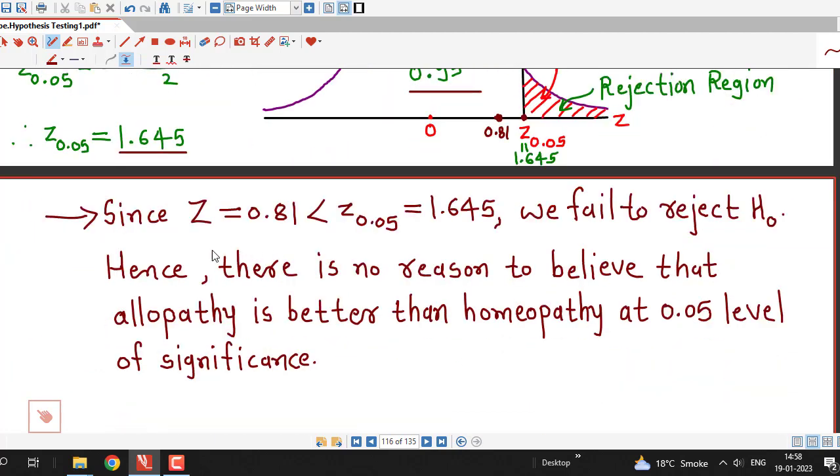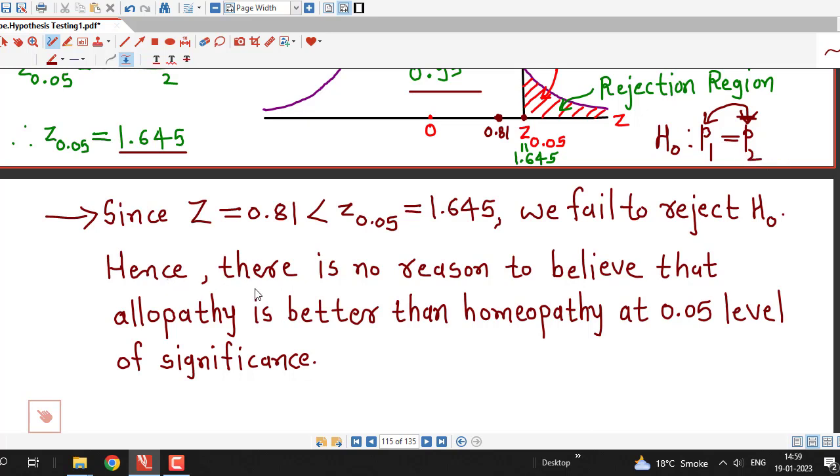So here I have written, since Z equal to 0.81 is less than 1.645, we fail to reject null hypothesis. And what is null hypothesis? Null hypothesis is that population proportions are equal, that is, number of patients cured by allopathy and homeopathy have same proportion, or proportion of patients cured by allopathy and homeopathy is same.